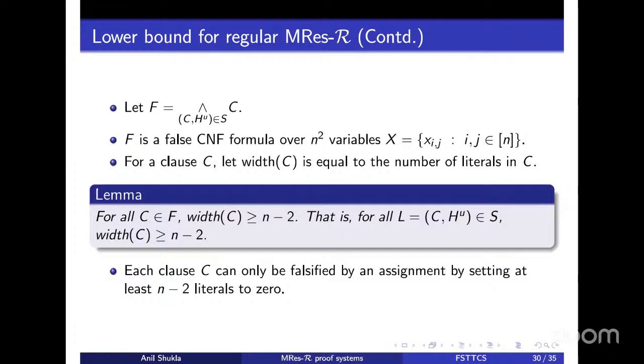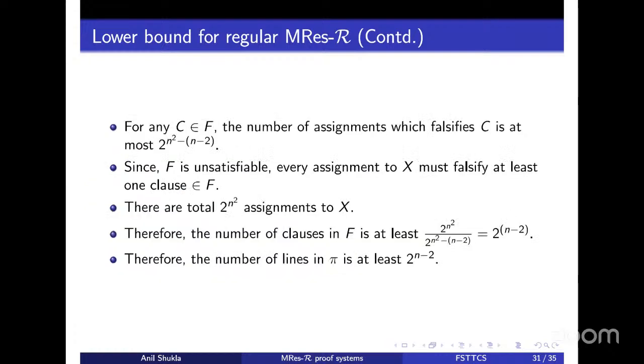So the number of assignments falsifying a clause from S is at most 2 power n square minus n minus 2. The overall assignments are 2 power n square. Every assignment has to falsify a clause, so the number of clauses has to be big, and that we have for n minus 2. That many clauses are there in S, and therefore pi also has that many clauses, right?